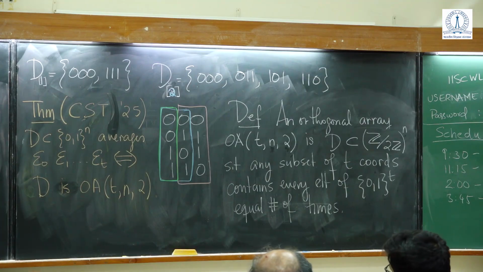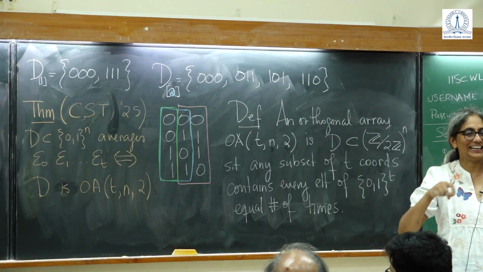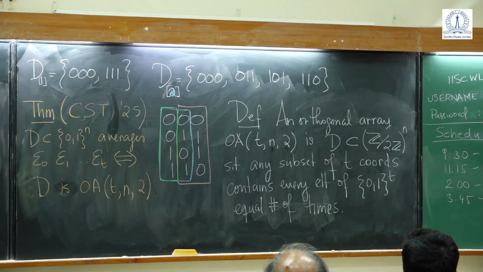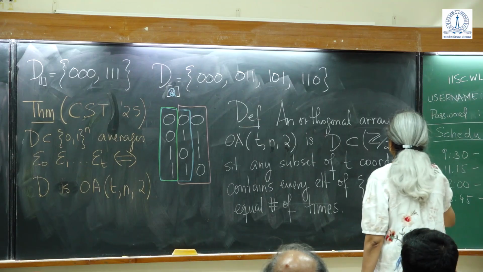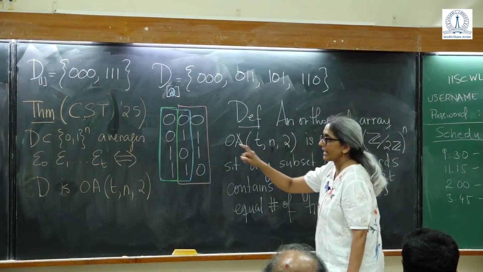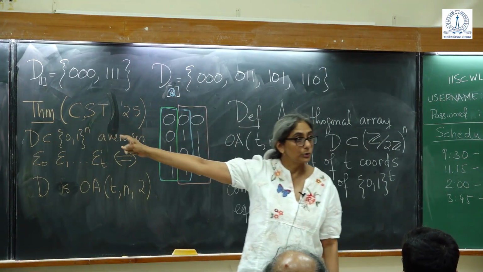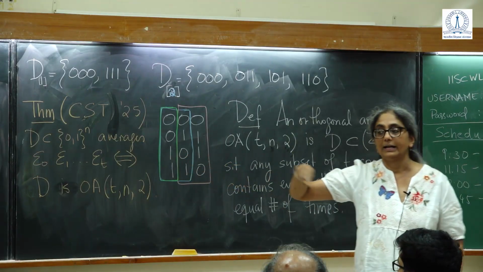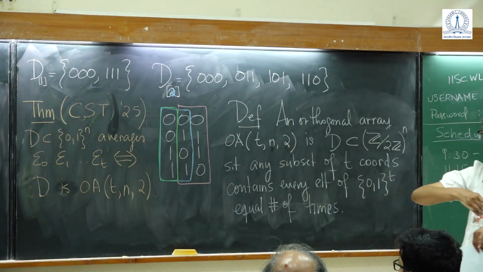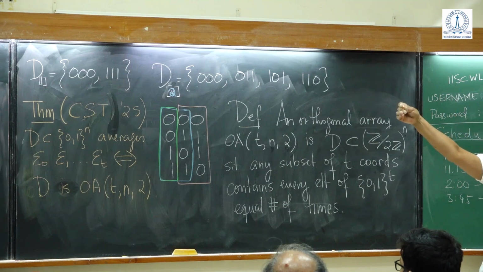Is that okay? I won't prove this because the proof is hard. It takes many pages and drove me crazy, but it is correct. It also works if you replace this 2 here, or H(n,2), with H(n,q). So you can do strings with alphabet 0, 1, 2, 3 up to q minus 1.